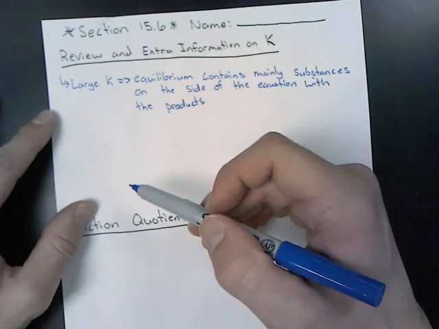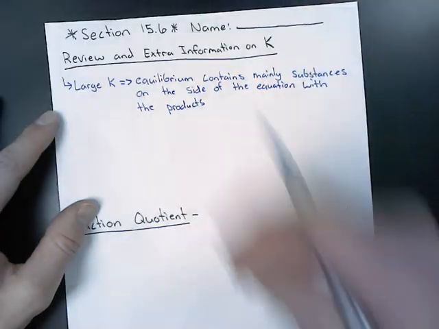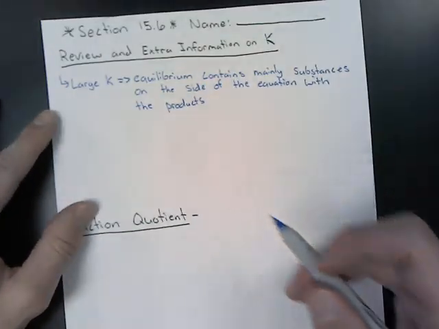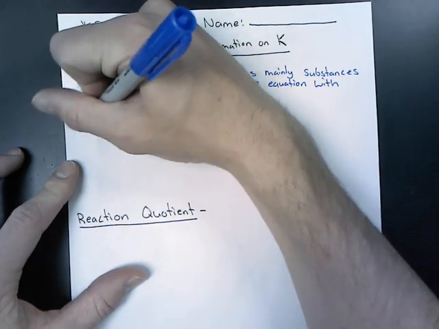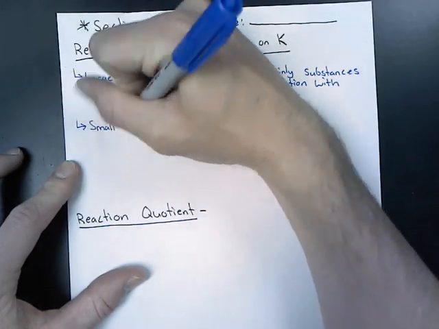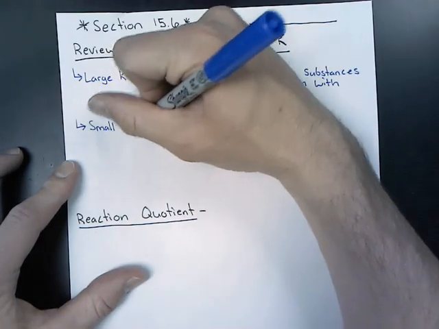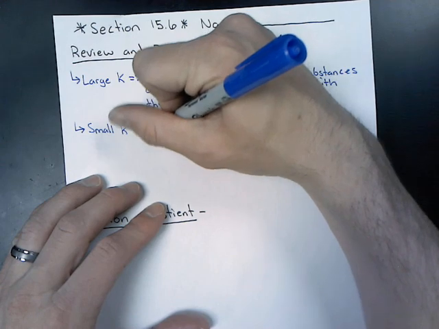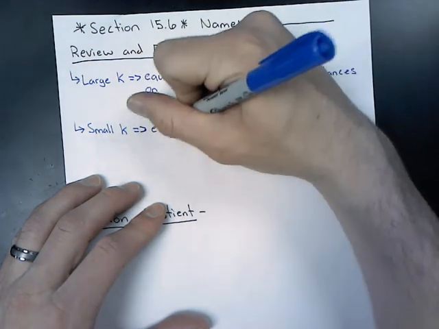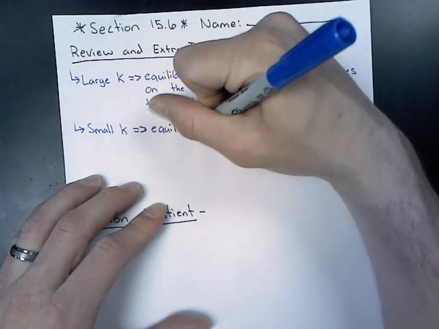Now, on the flip side, the reverse is true. So if we have a small K, we are going to get a system of equilibrium that contains mostly reactants.